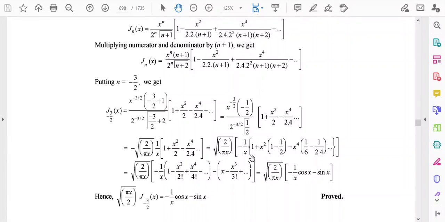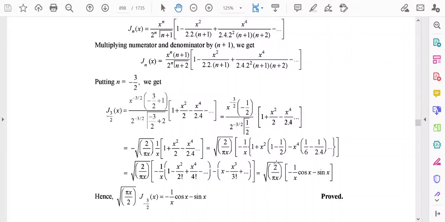For example, the first series will become minus 1 by x into 1 minus x square by 2 factorial plus x to the power 4 by 4 factorial in this way. And the next series will be like this, minus of x minus x cube by 3 factorial plus so on. Actually we have to keep in mind that we have to separate the series into different terms, one expression for cosine x and another expression for sin x.